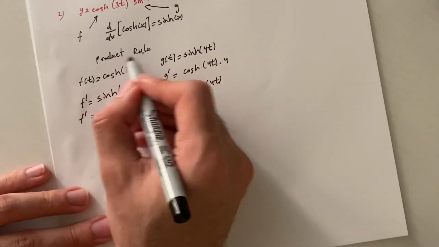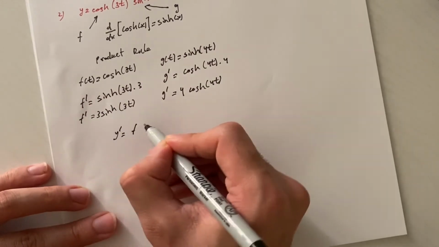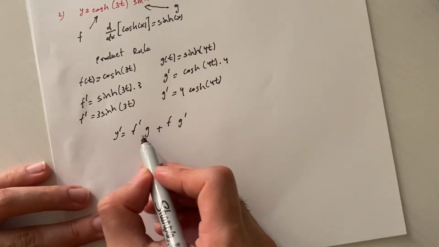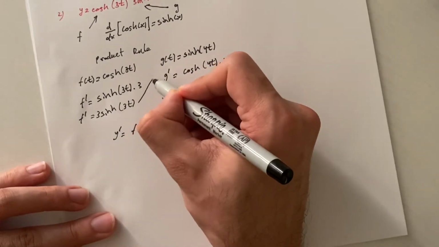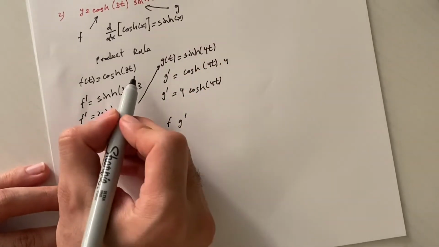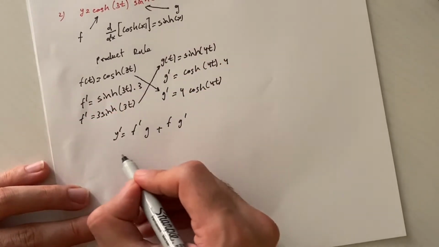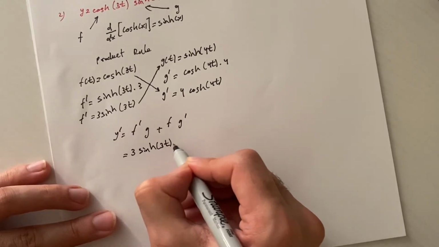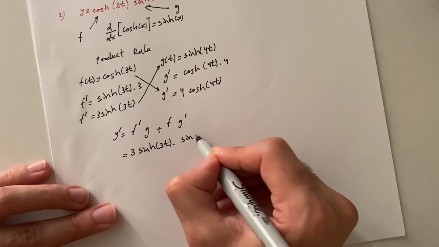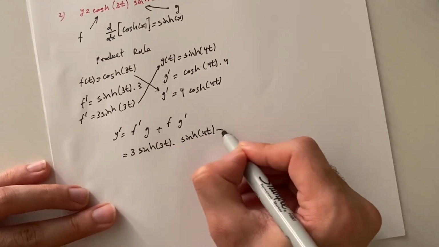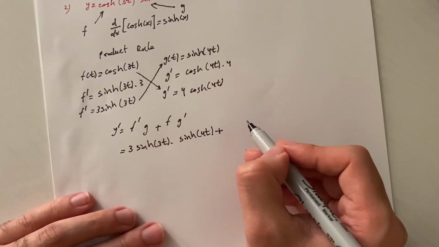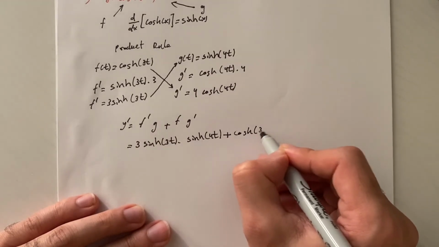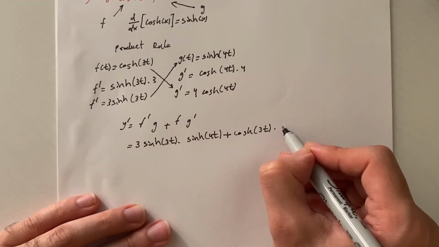Now we are ready to apply the product rule. I'm going to multiply f prime by g and then add f multiplied by g prime. So the first term is f prime times g, and the second term is f times g prime. It's going to be 3 sinh 3t multiplied by sinh of 4t plus cosh of 3t multiplied by 4 cosh of 4t.